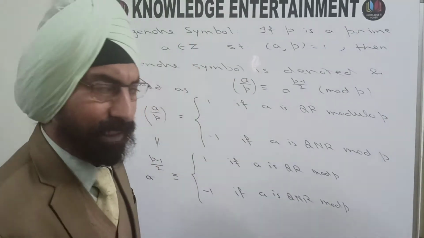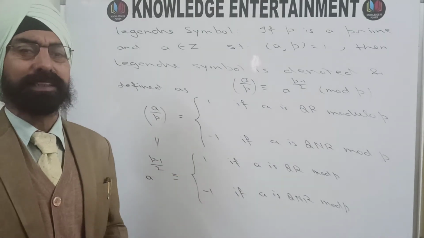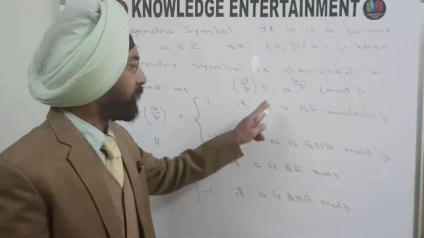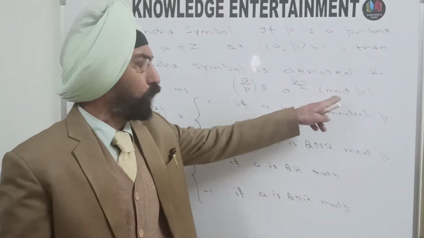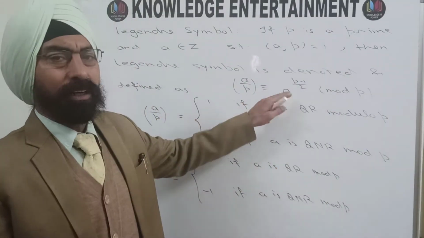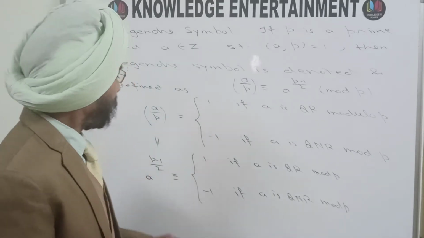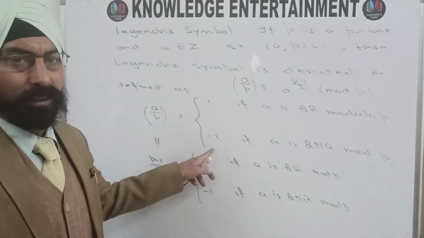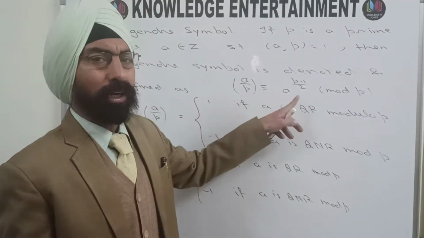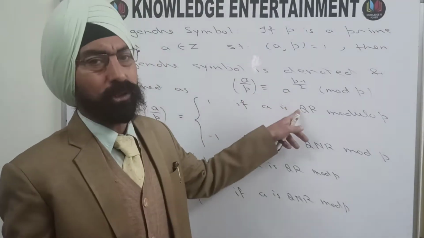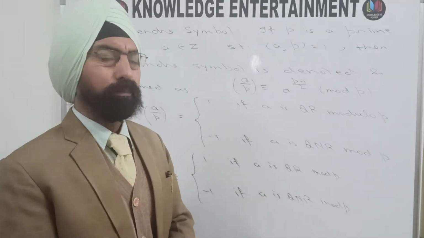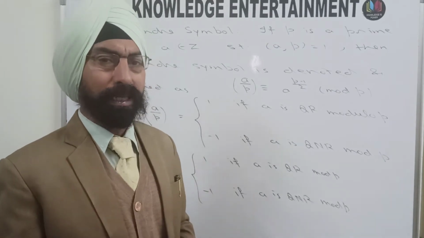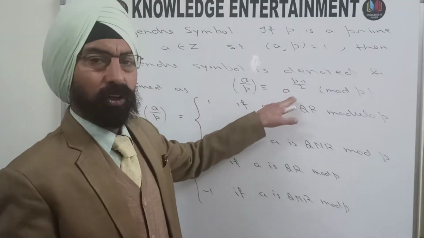So it is Euler's criterion that says that the value of the Legendre symbol A by P is congruent to A raised to the power P minus 1 by 2 modulo P. It is congruent and not actually equal, because otherwise it could have values other than 1 and -1, whereas the Legendre symbol can assume only the values 1 and -1. When you solve it by taking the residues after dividing by P, you will get either 1 or -1.